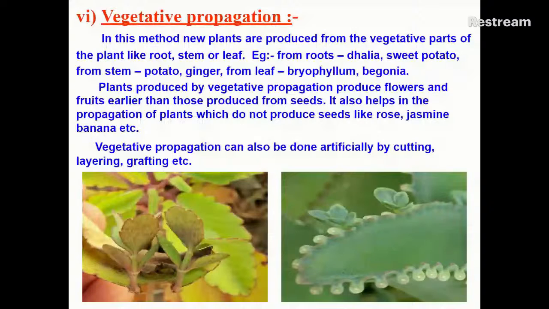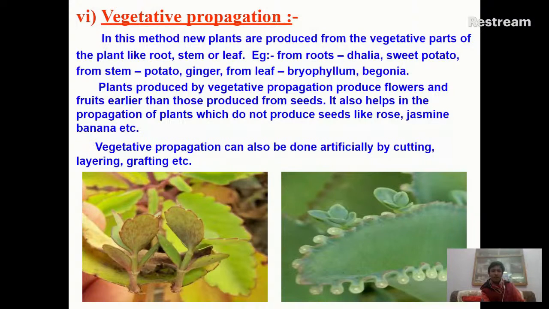Now they are saying that plants produced by vegetative propagation also grow flowers and fruits earlier than those produced from seeds. जो फ्लावर्स उसके अंदर जो सीड्स उग जाते हैं, for example tomato, inside the tomato there are small seeds from which a plant can grow.